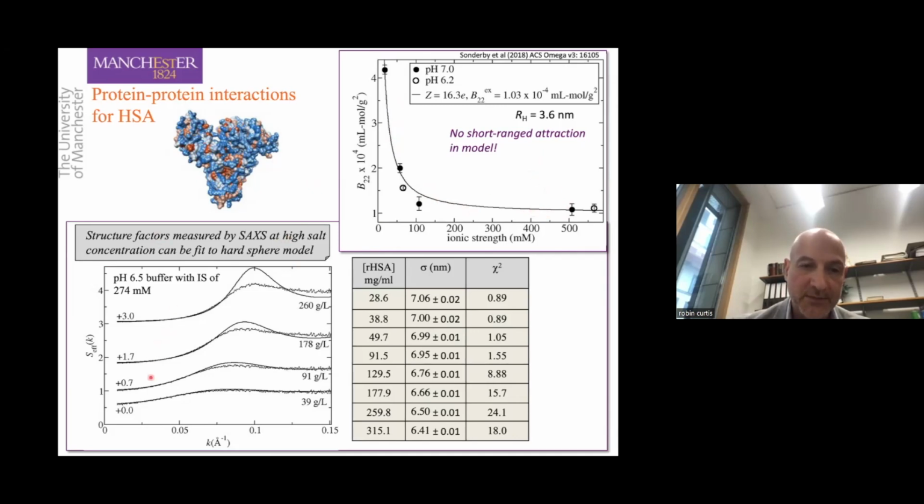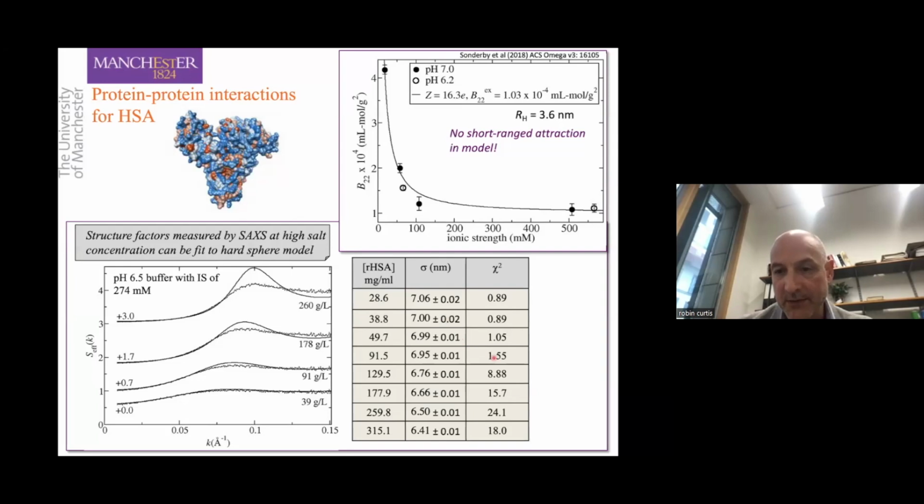And then we also had some SAXS data from Pernilla Harris's group, and we could analyze the SAXS data and show that you could fit it and get as good fits without including any attraction in the interaction potential. So both the SAXS data at relatively high ionic strength and the B22 data suggested that there's no short-range attraction for this protein. So it's a very nice model system.